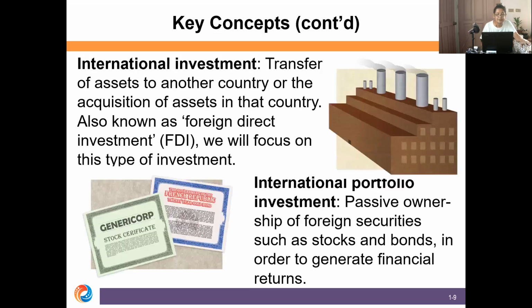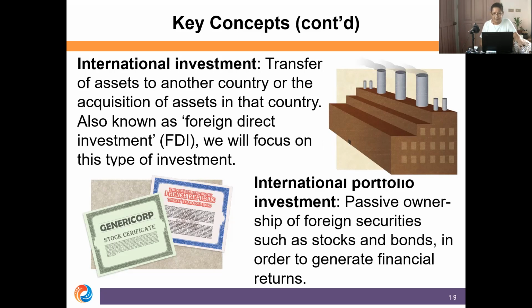Okay? So, another concept in international trade is international investment. Pag nakita mo parang magkakapareho international business, investment din yan. Pero for the sake of clarity and distinction, when you say international investment, okay, this is about transfer of asset to another country or acquisition of asset in that country.